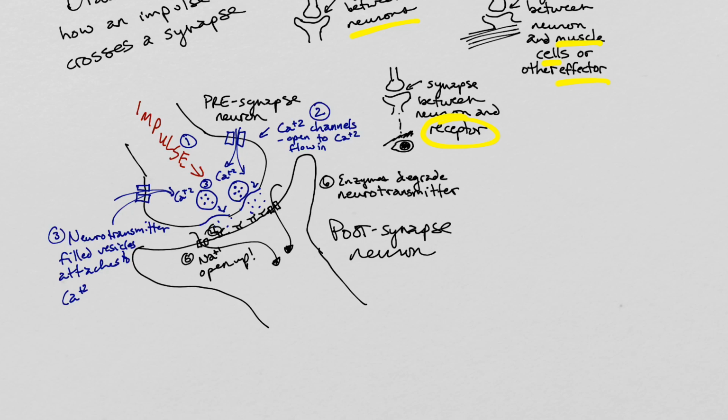Those neurotransmitters get reabsorbed by the presynaptic neuron. And the whole process can start again.